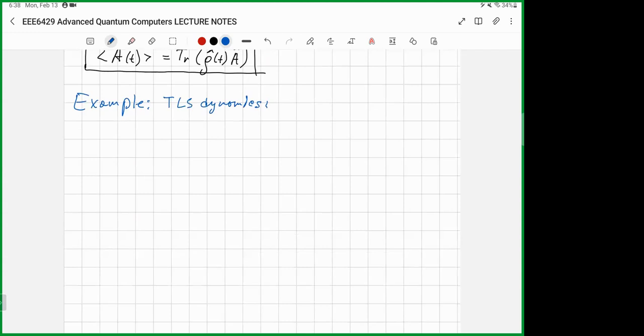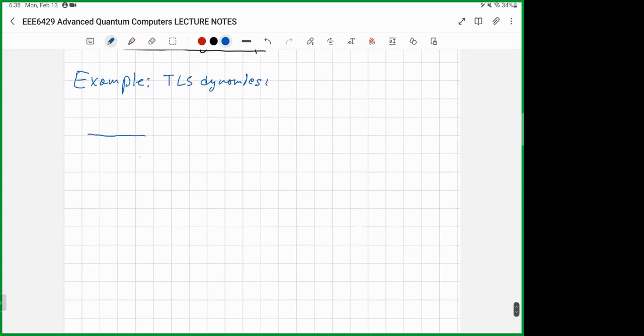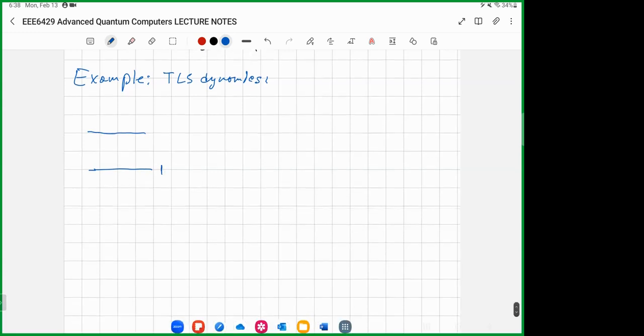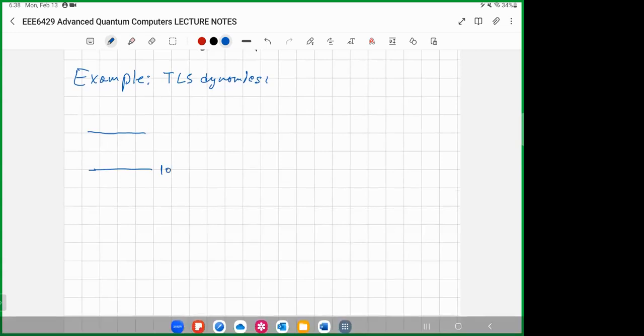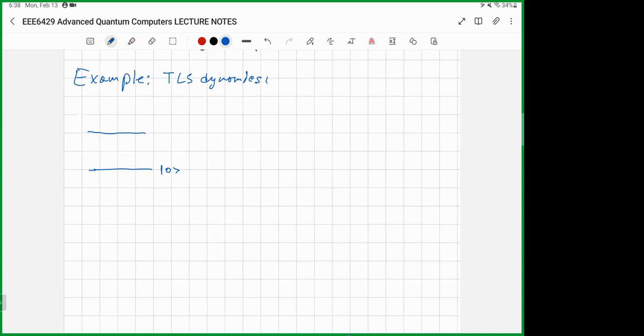So let's consider a two-level system, something that we call a qubit, right? Without any interactions, without any dissipations, just the qubit as it is. Like a perfect quantum system that, by the way, never exists. But we build our story step by step. So let's consider this simplest case now.